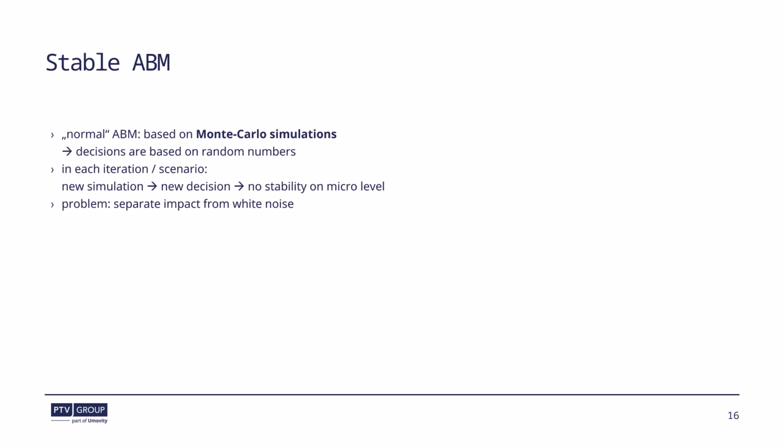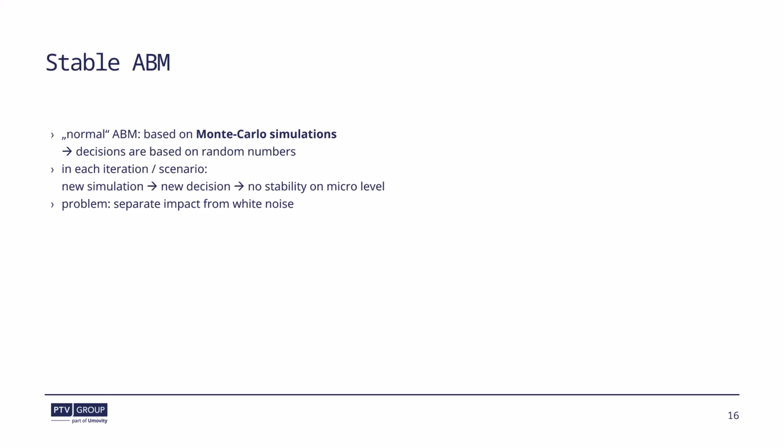That means somehow that all decisions are based on random numbers that are generated by a random number generator. So in each iteration or in a scenario, there are thousands of new simulations. For every person, every decision is simulated. And since these random numbers are not kept stable or fixed, there's always a new decision.